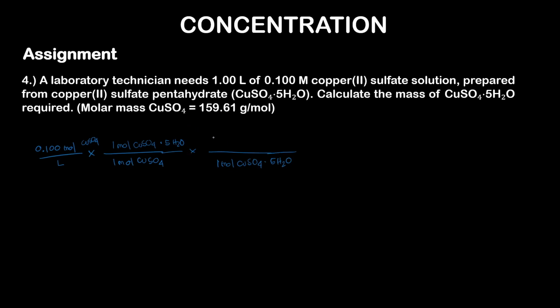We're given the molar mass of copper sulfate, which is 159.61, plus we have 5 water. So water is 18, right? 5 times 18. Remember, 2 times 1 plus 16. This is from H, this is from O. 2 because there are two hydrogens. Next, so we have grams.